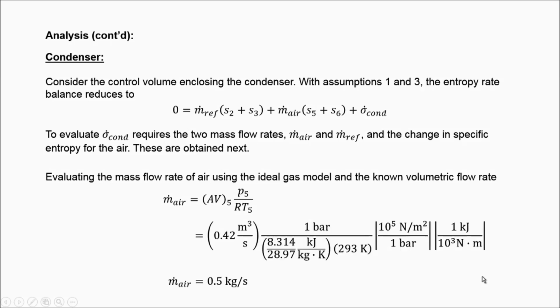Substituting the given numerical parameter values and calculating the ideal gas constant for air as the universal gas constant per mole of gas divided by the molecular mass of air, and paying special attention to the unit conversions from bar to Newton per meter squared and joules to kilojoules allows us to evaluate the mass flow rate of air as follows. This gives us a value of m dot air is equal to 0.5 kilograms per second.